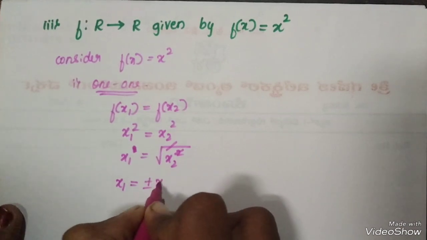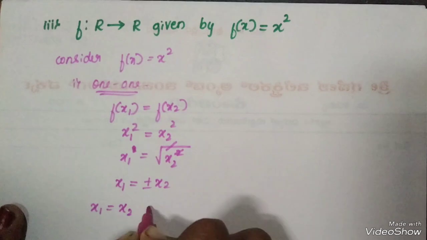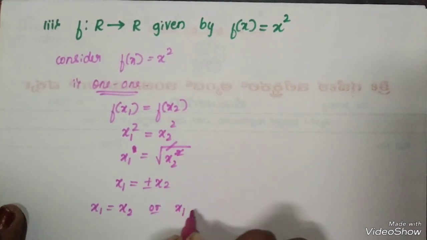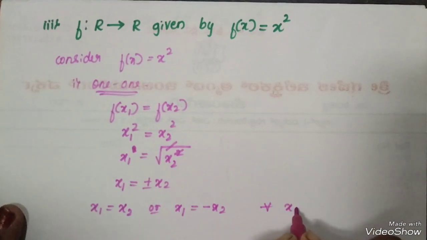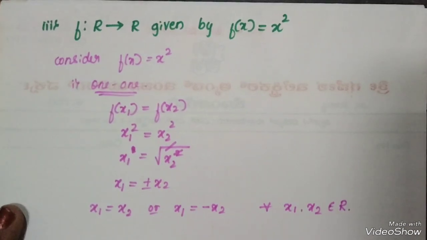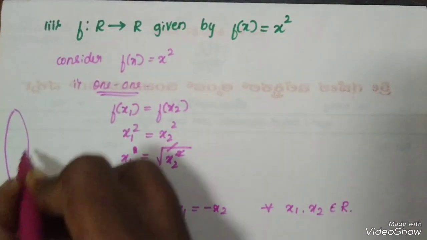So x1 equals plus or minus x2, that is, x1 equals x2 or x1 equals minus x2, for whatever x1 and x2 values are real numbers. Whatever x1 and x2 values are taken here, all are real numbers. While checking the condition using the domain and codomain, consider the domain.